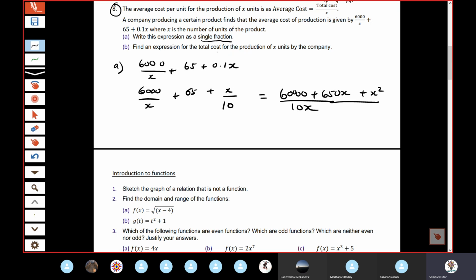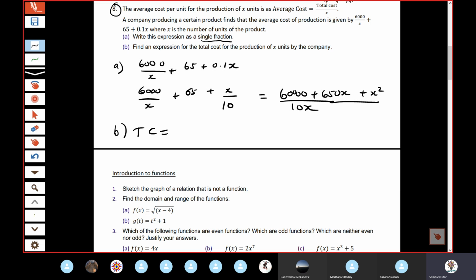Find an expression for the total cost for production of X units by the company. Well, if the average cost is total cost on X, that means total cost is average cost times x.